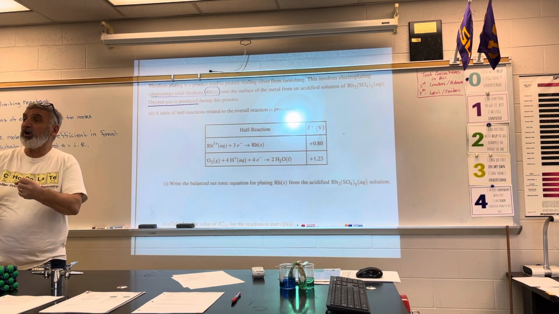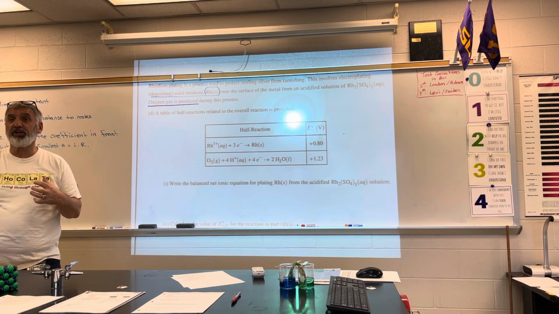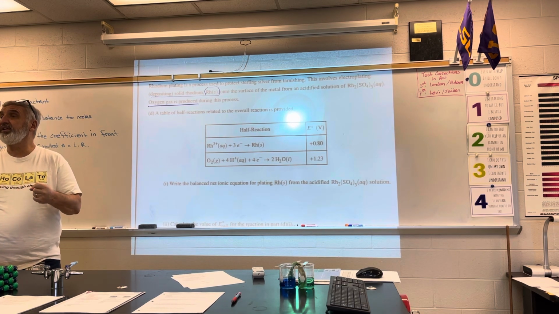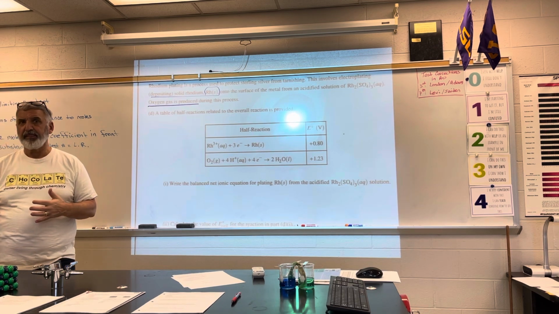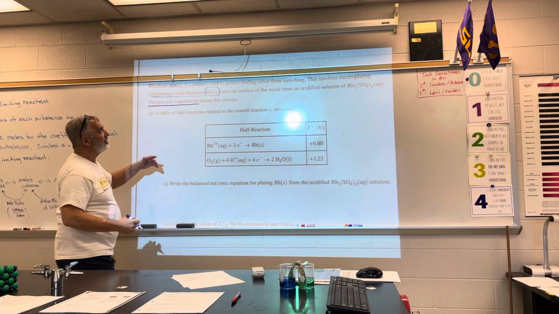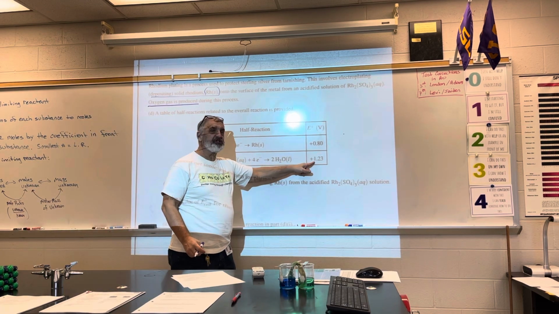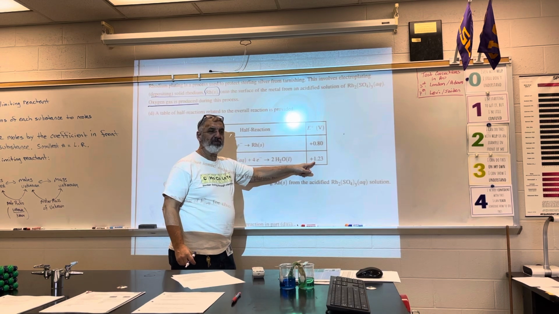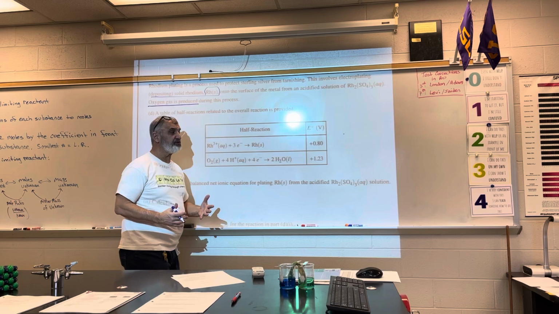Electrolysis is when we use electricity to make a reaction that doesn't want to occur. We're forcing a non-spontaneous reaction to occur by putting energy in. So you want to say, well, this has a higher reduction potential, so it seems like this ought to be reduced and this ought to be oxidized. However, we're making it go the opposite direction.